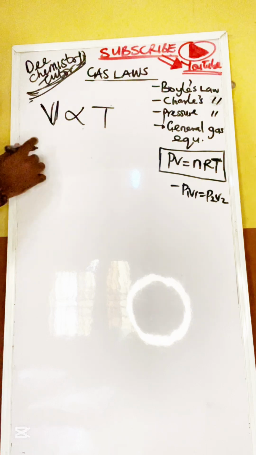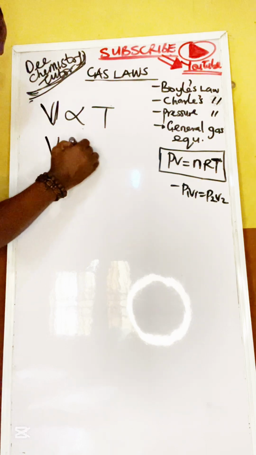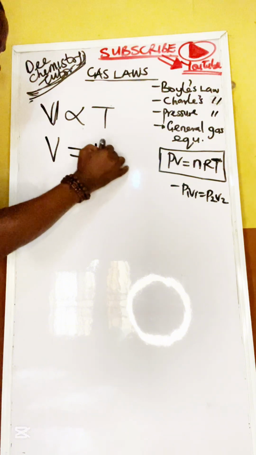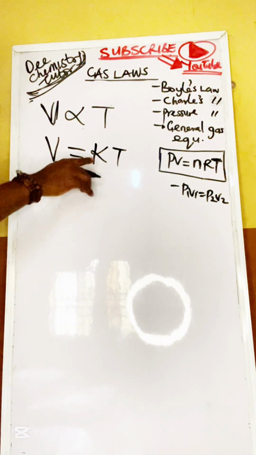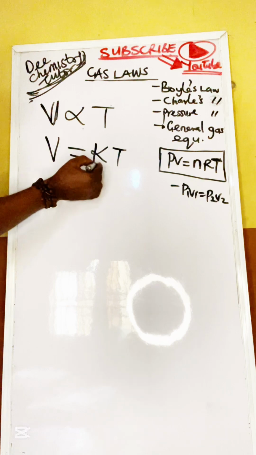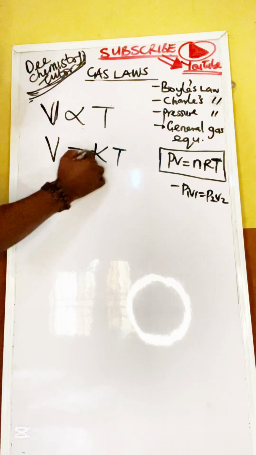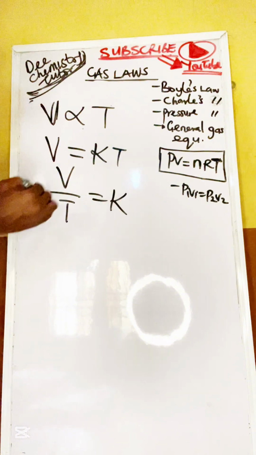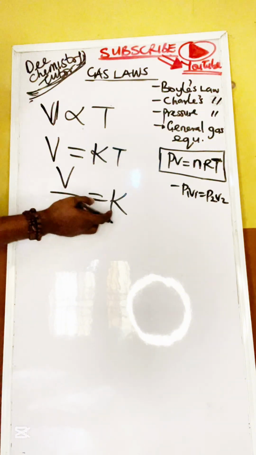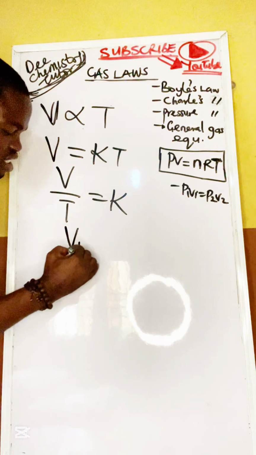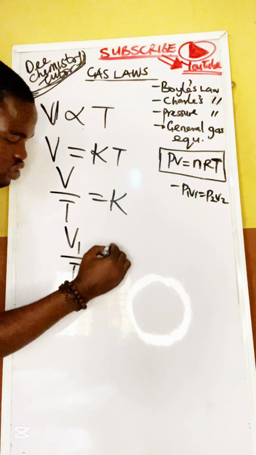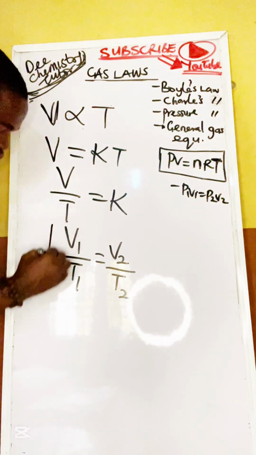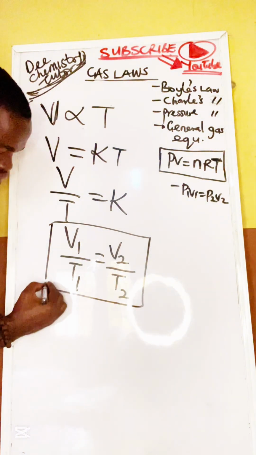So if I convert this proportionality sign to an equal to sign, there must be a constant K, so V equals KT. What is equal to a constant is actually V divided by T. So in this case, if I have two, it should be V1 over T1 equals V2 over T2. This is what Charles' law is talking about.